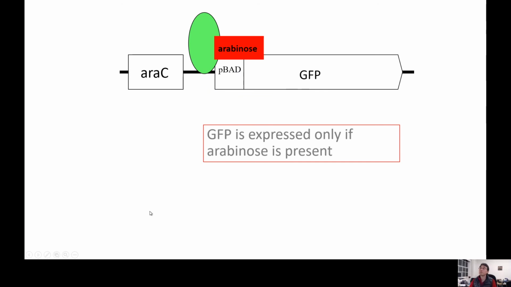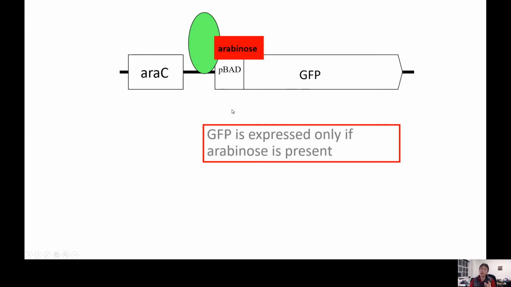All right. Pictorially speaking, that's how the GFP gene is read and then translated into GFP proteins.